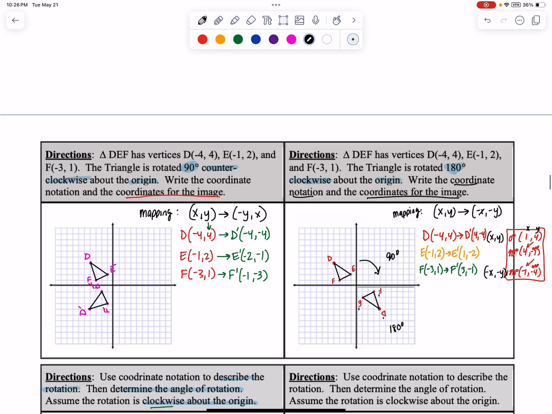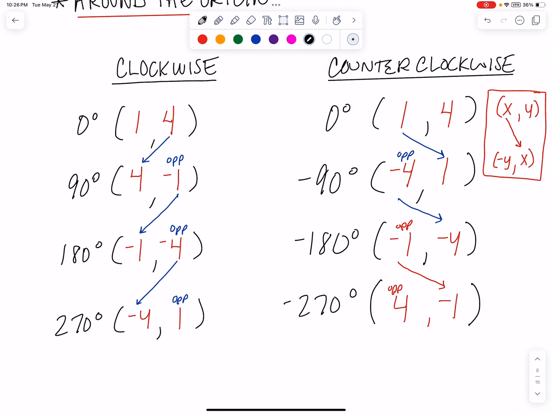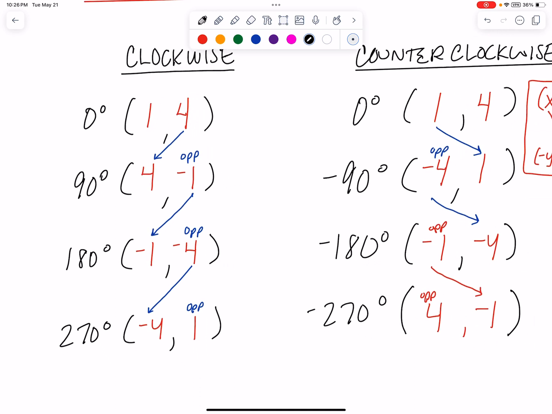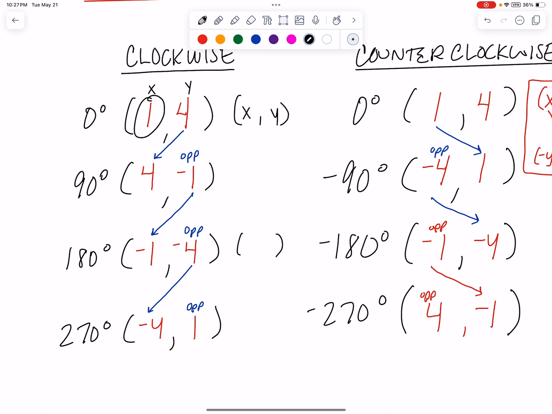So here's x, here's y. We started off with xy, and we're going clockwise to 180. What happened? Well, we went from 1 to -1, so that's just negative x. And we went from 4 to -4, so that's just negative y. Nothing moved from spot to spot.